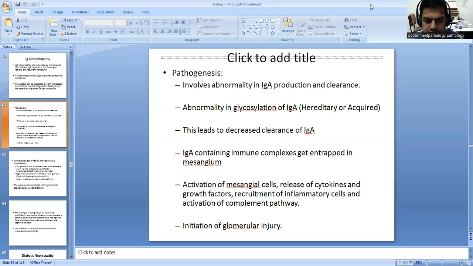Activation of mesangial cells, release of cytokines and growth factors, recruitment of inflammatory cells and activation of complement pathway lead to initiation of glomerular injury.